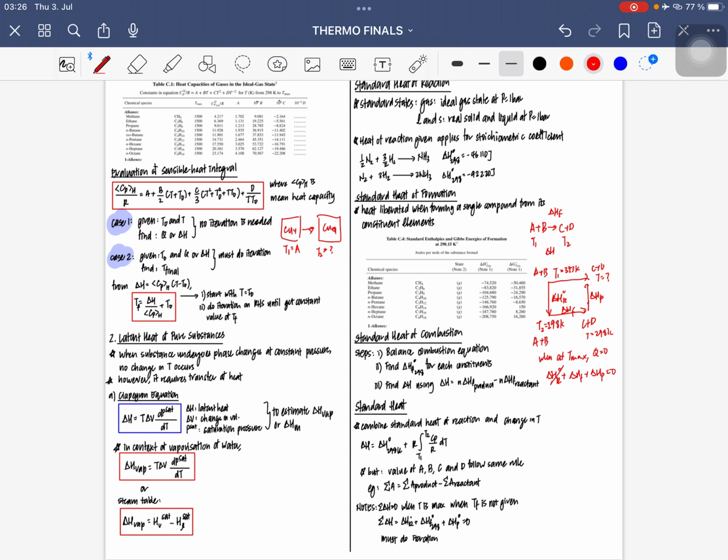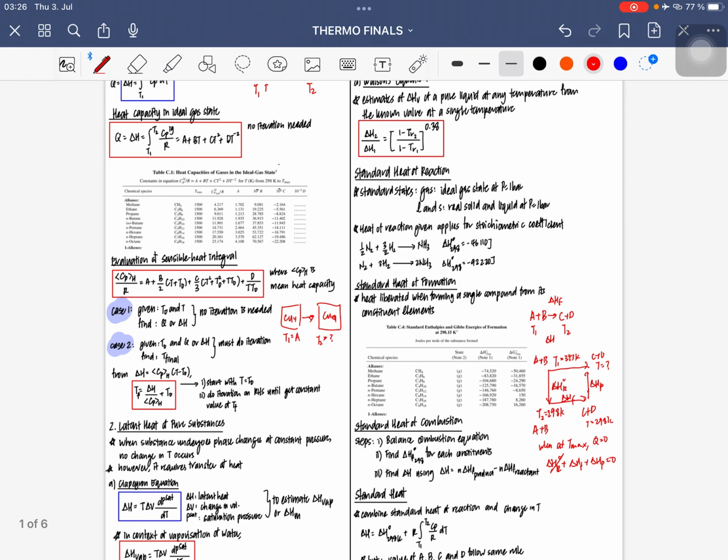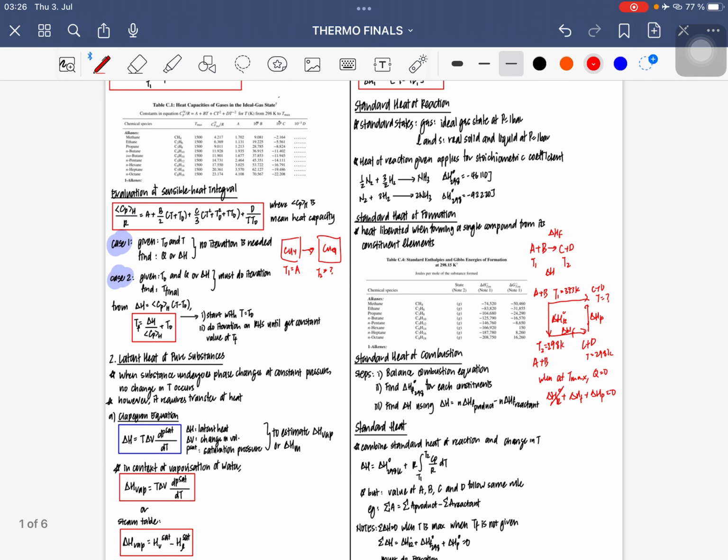We know the value of heat of reaction because you can just find it using this CPIG, and heat of formation we can also find from the table C4. So this value is known, but we don't know the HP.